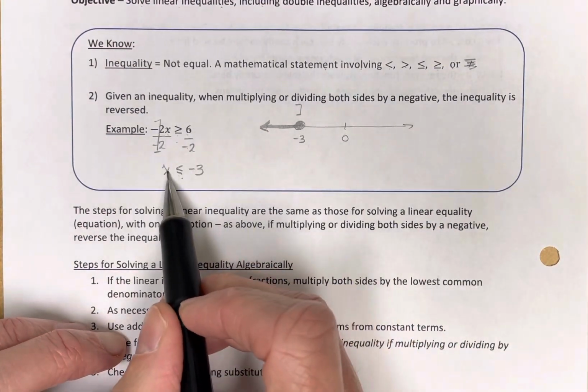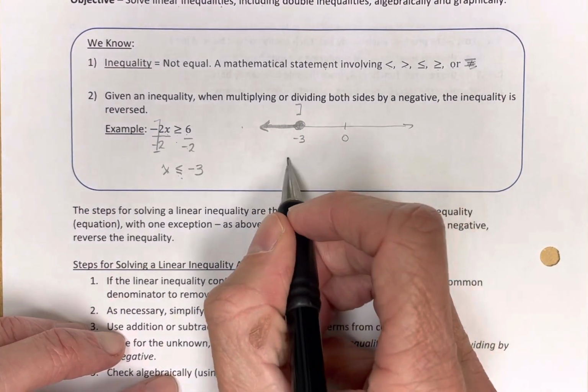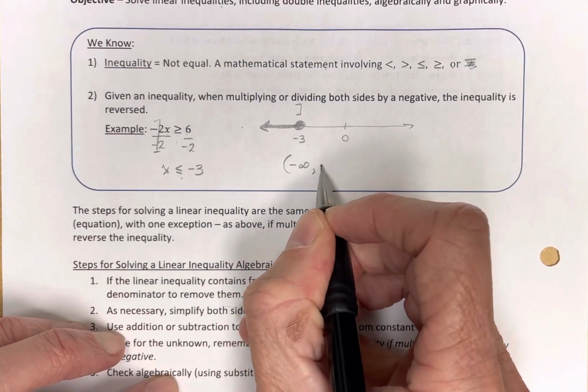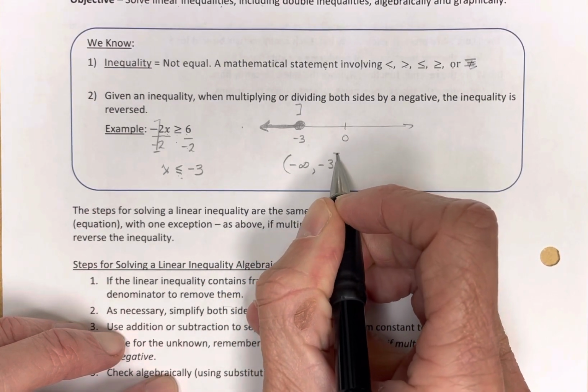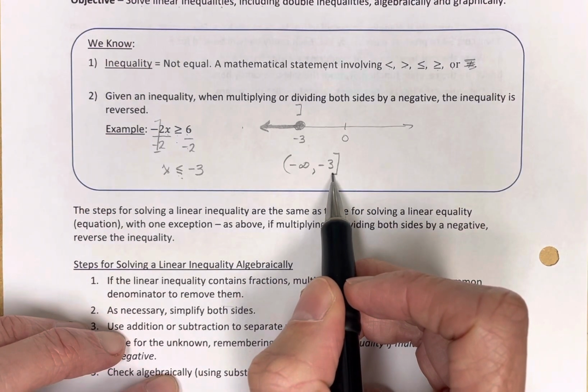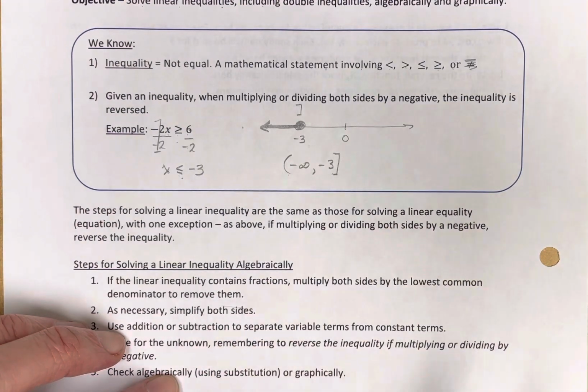So this is all x's that are less than or equal to negative 3. In interval notation, negative infinity up to negative 3 with a bracket on the negative 3 because it's included in the solution. And you always have a parenthesis when you're dealing with infinity.